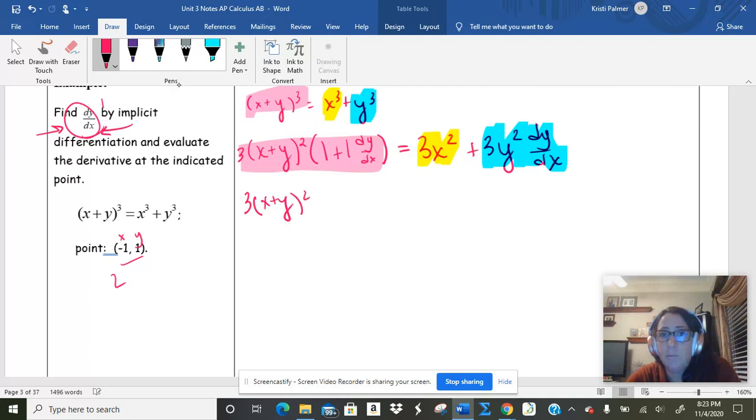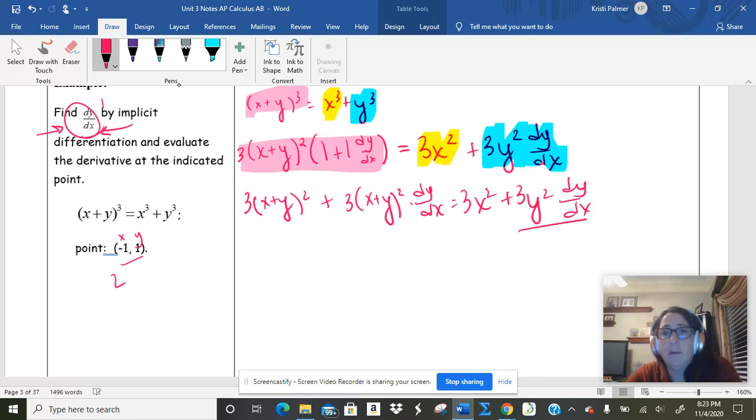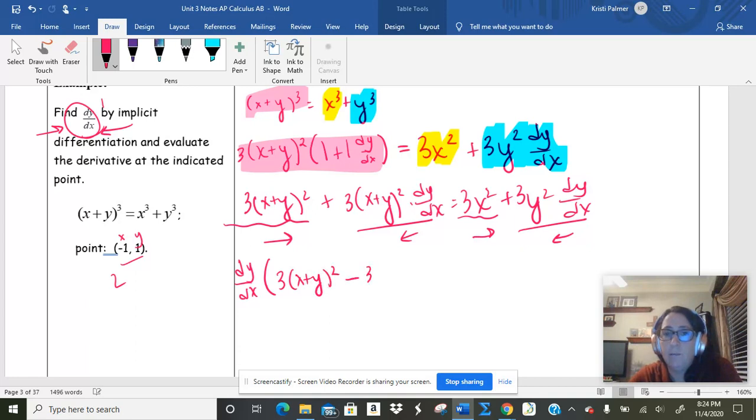So this guy times 1 plus this guy times 1 dy dx. So now everything with a dy dx is going to go to that side. Everything that doesn't have a dy dx is going to go to that side. And I'm going to factor as I move them out. So that when I bring it over would be a negative.